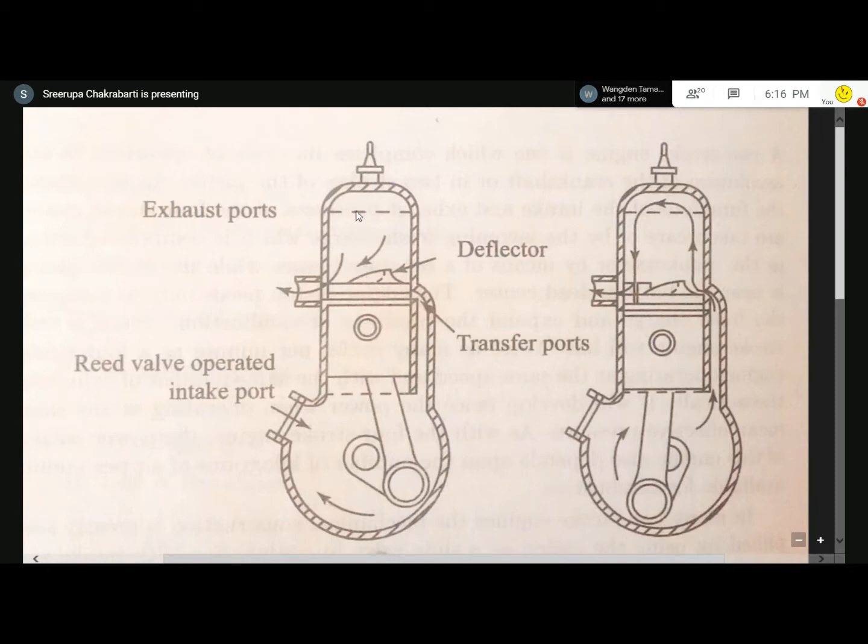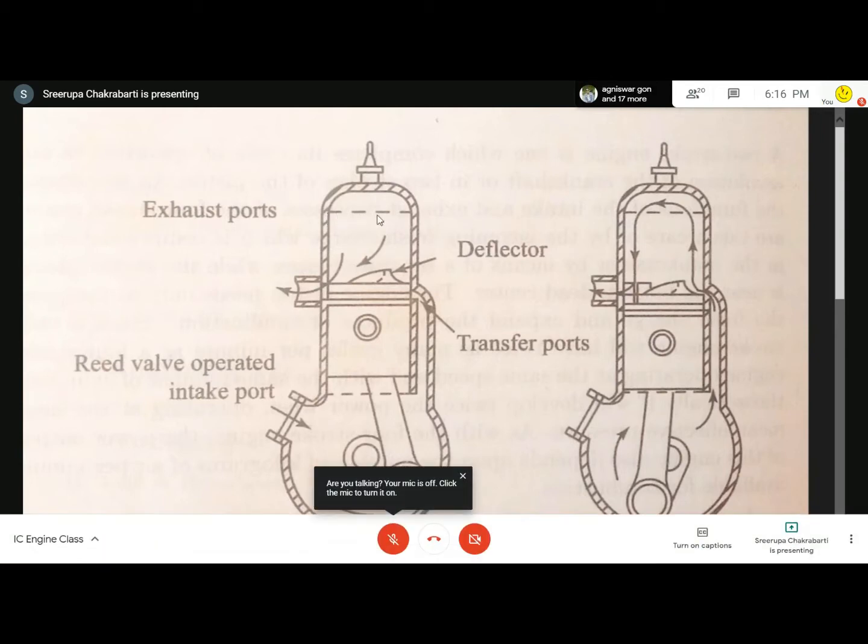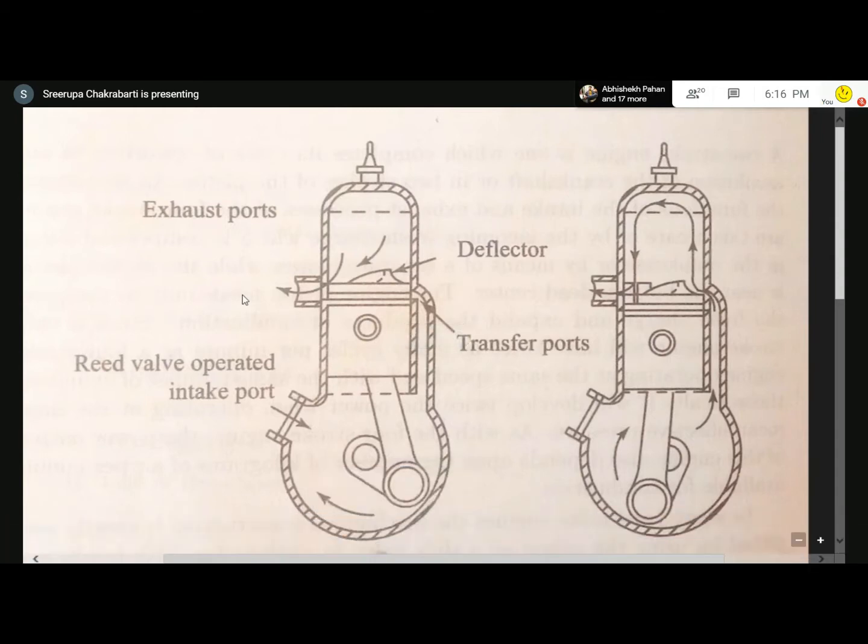Now, this line you can see is one dead center, the top dead center. And then somewhere here, there will be the bottom dead center.